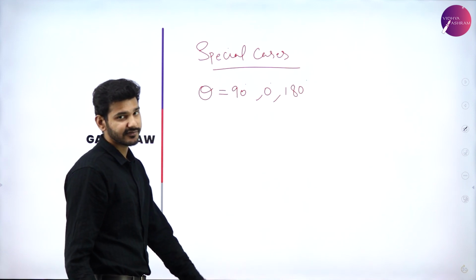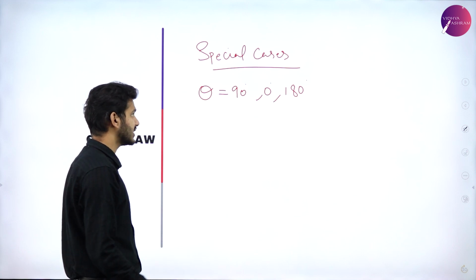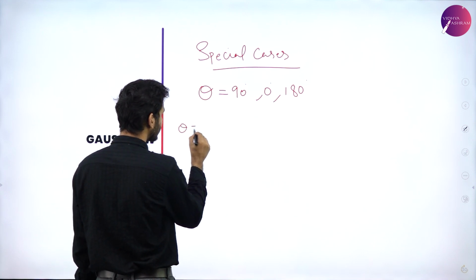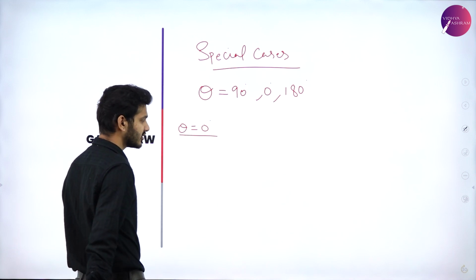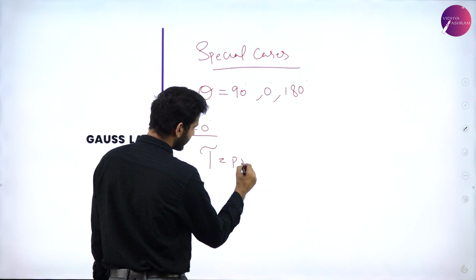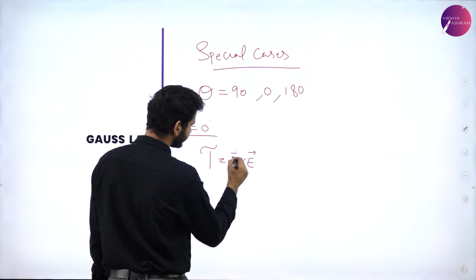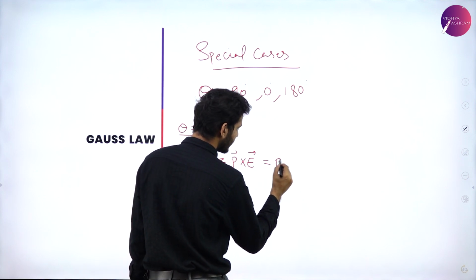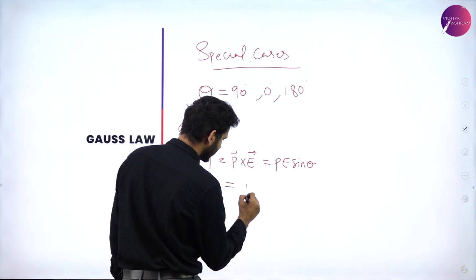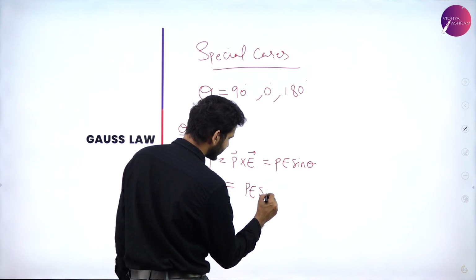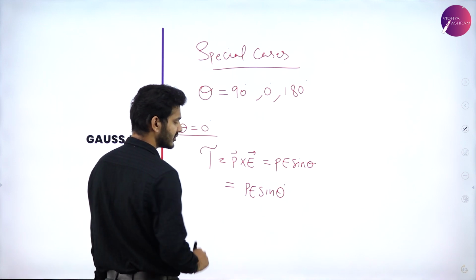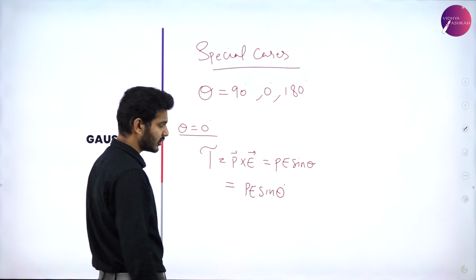So what will be the difference? Let us look at sine 0. What happens when theta is equal to 0 degrees? In that case, torque will be equal to P cross E, which is PE sine theta, that is PE sine 0 degrees.